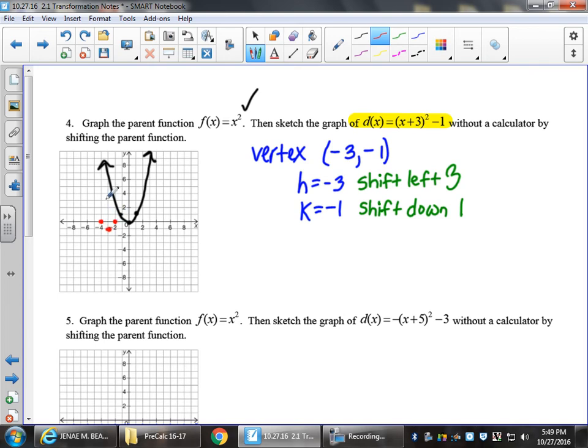No change to the width. We just talked about that. So to the best of my ability, I will sketch this new graph to have the same width, not more skinny or more wide. And we're done. We successfully transformed the parent function by shifting the entire parabola left 3 and down 1.